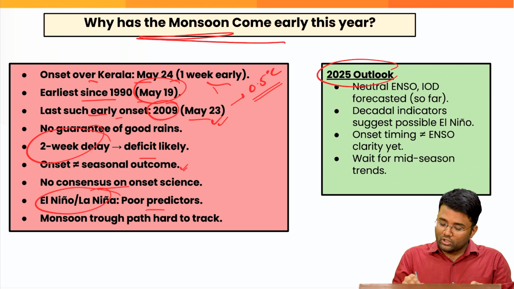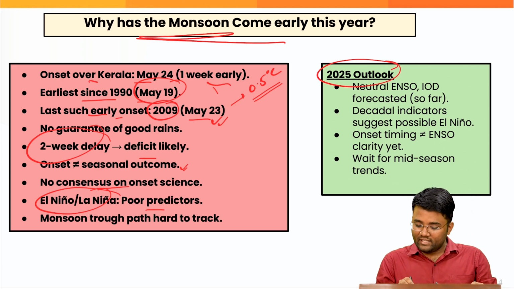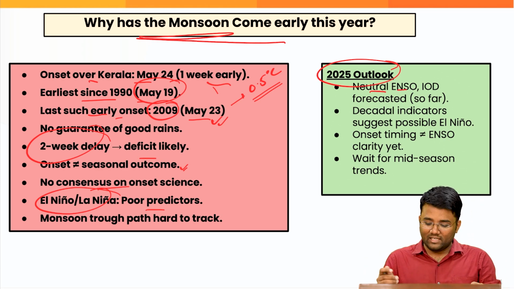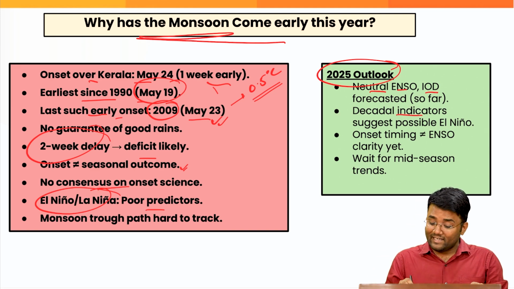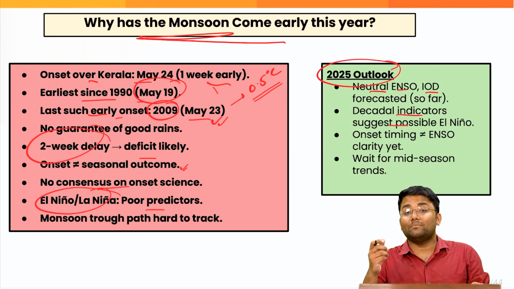Also, about the 2025 outlook, a neutral El Nino Southern Oscillation and Indian Ocean dipole are forecasted so far. Also, decadal indicators suggest there may be a possible El Nino.